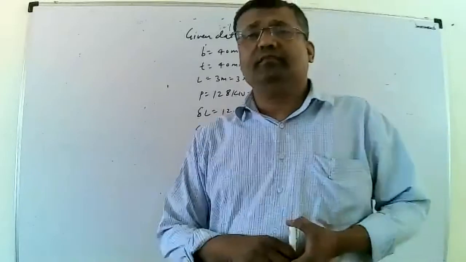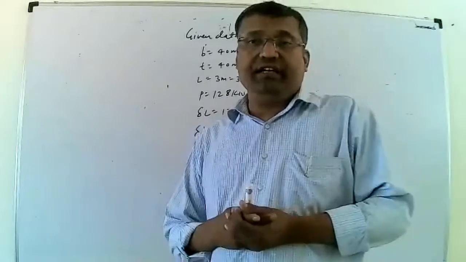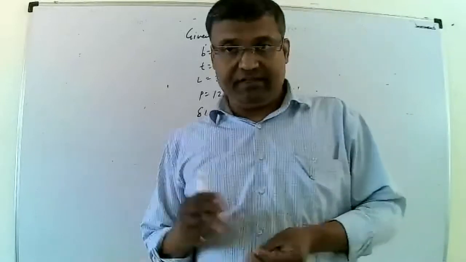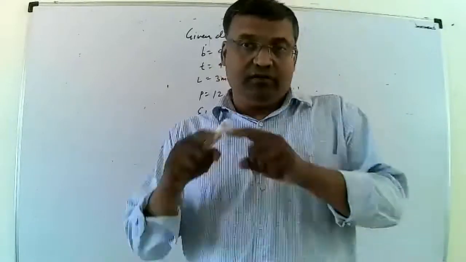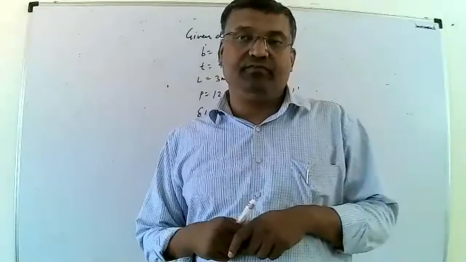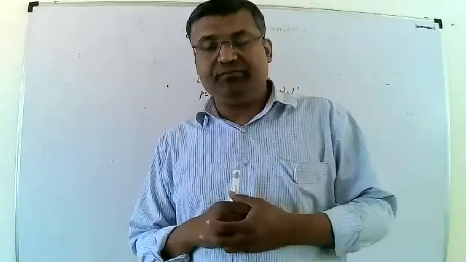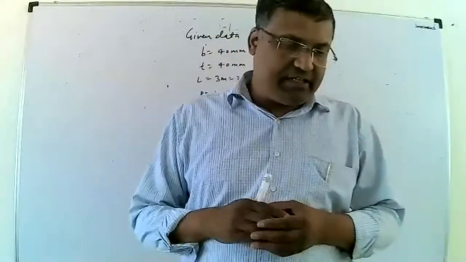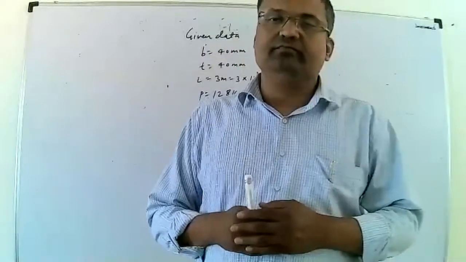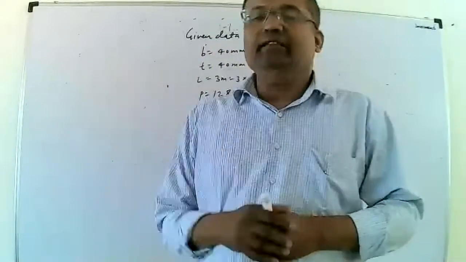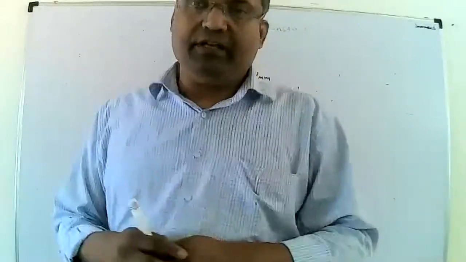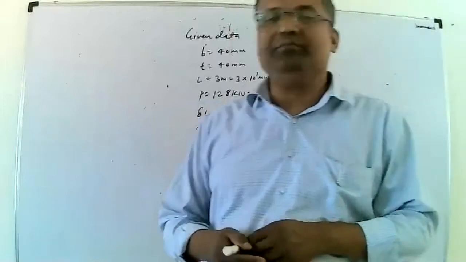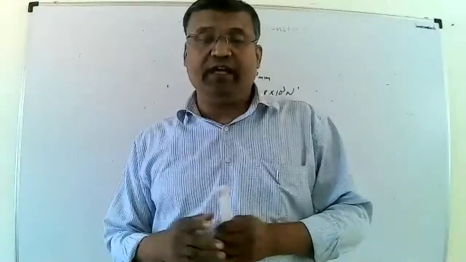In this problem, the cross-sectional area, that is B into T, 40 mm by 40 mm, is provided. The body is in a rectangular section and 3 meter long, and is subjected to an axial pull.